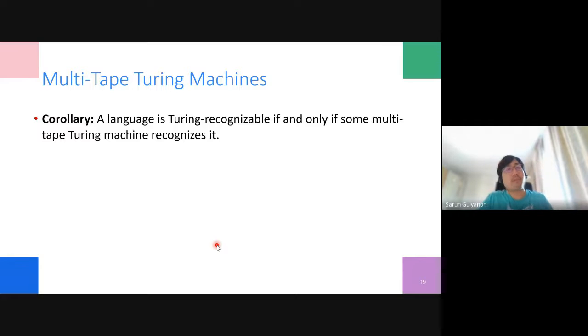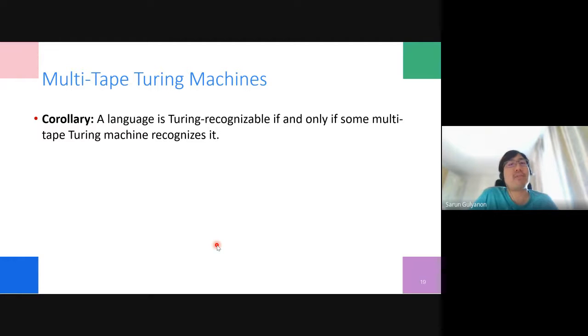Actually, as you can see here, since you are able to build an equivalent Turing machine to the multi-tape Turing machine, this corollary also applies to Turing decidable languages and also to the functions that the Turing machine computes.